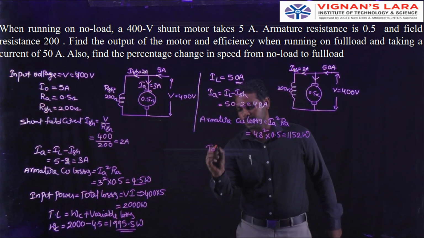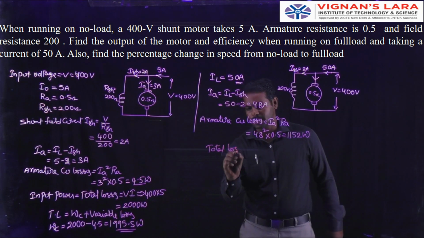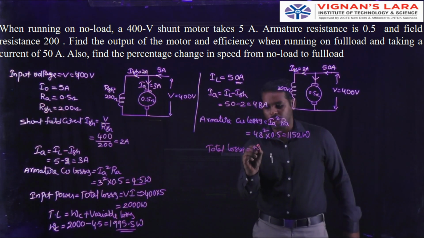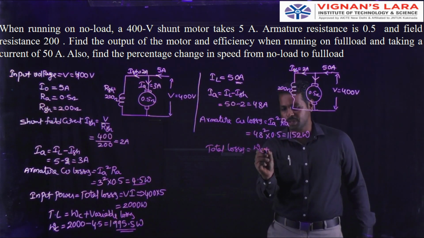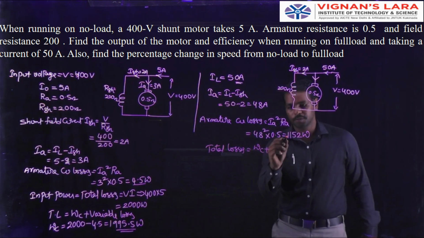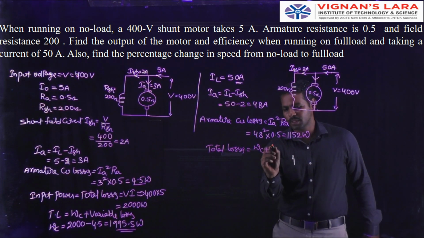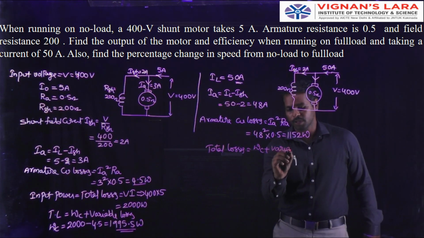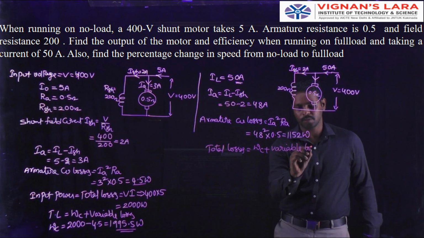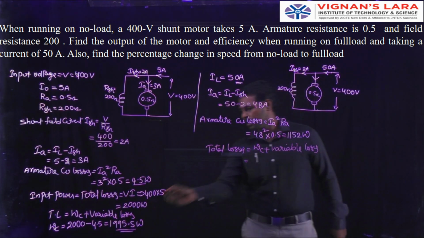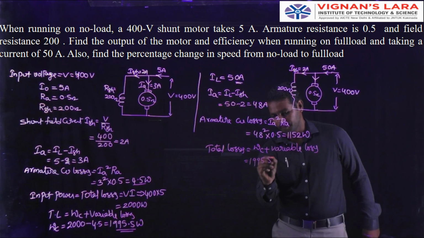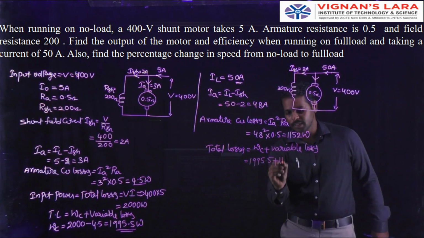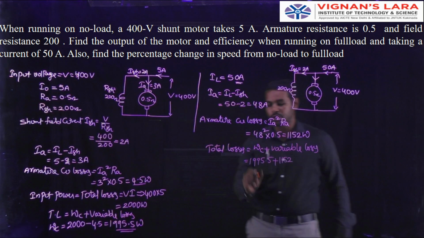Total losses are equal to constant losses plus variable losses. That means the armature copper losses at 50 amperes of load are the variable losses. So constant losses 1995.5 plus variable losses 1152.